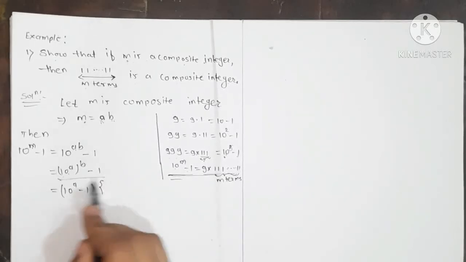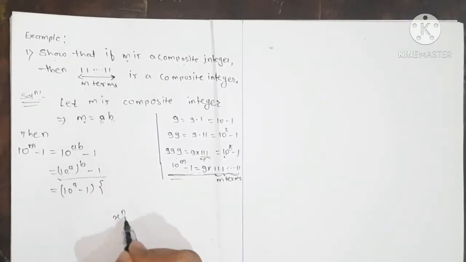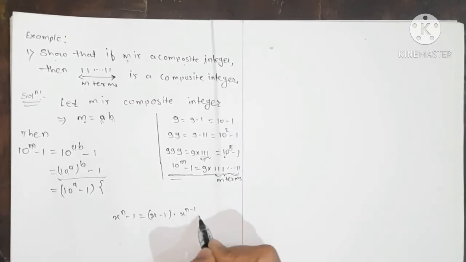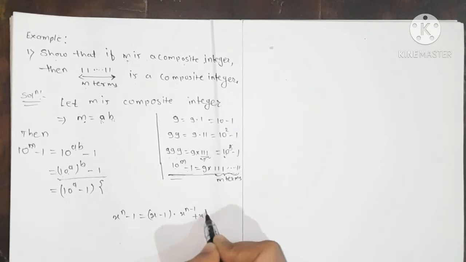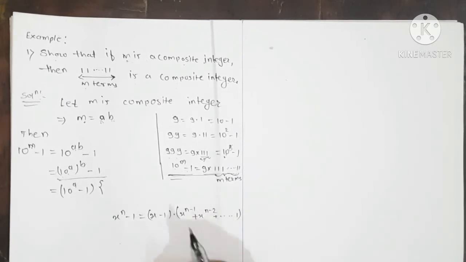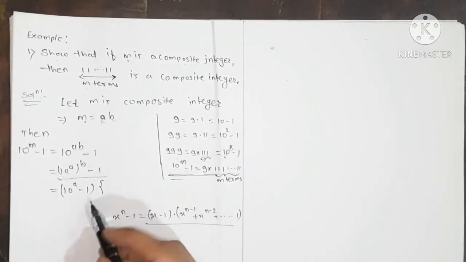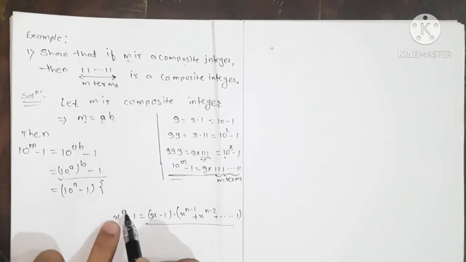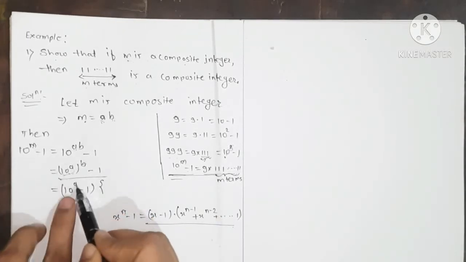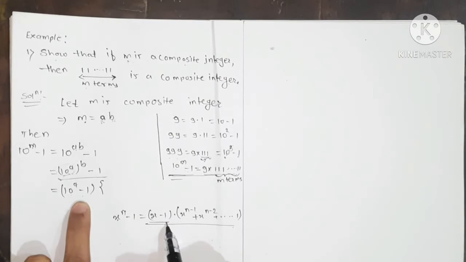Now we use the formula that x to the power n minus 1 is equal to x minus 1 into x to the power n minus 1 plus x to the power n minus 2 plus and so on plus 1. So we use this formula here. Here x to the power n is our 10 to the power a, all to the power b. So x is 10 to the power a, so 10 to the power a minus 1 is the first term.